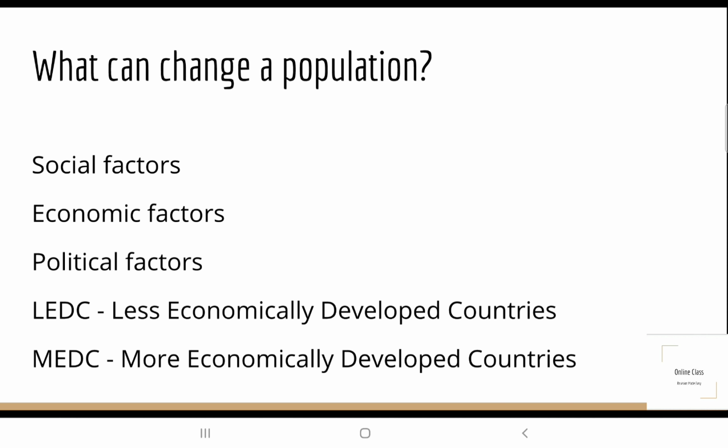In the papers that I have seen so far, it doesn't say less economically developed countries, it says LEDCs. So you need to really know what those mean before you go into your exam. An LEDC is a less economically developed country, and an MEDC is a more economically developed country.